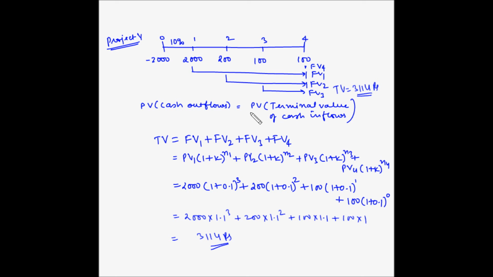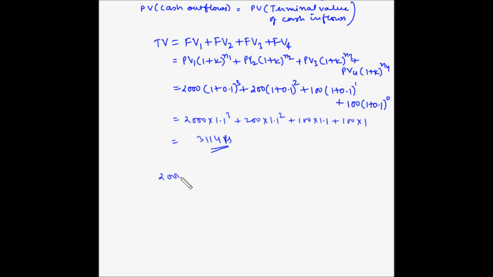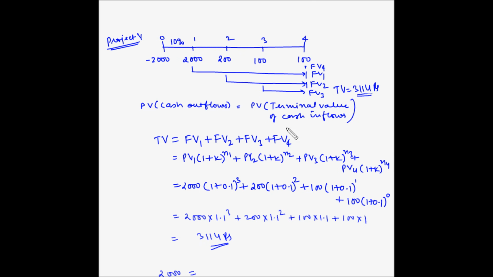So here let's find the modified internal rate of return. So present value of cash outflows is 2000. So 2000 is equal to present value of terminal value of cash inflows. So the future value is 3114 rupees.